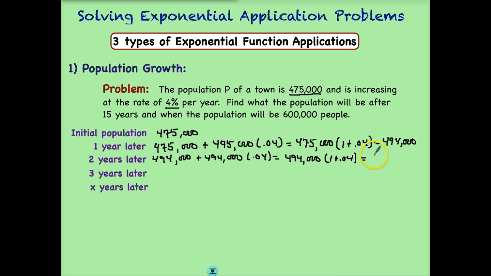Plugging that in our calculator, we end up with 513,760. As you can see, this is going to be a little bit cumbersome to get to 15 years.